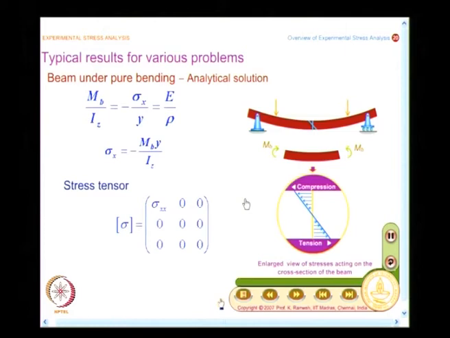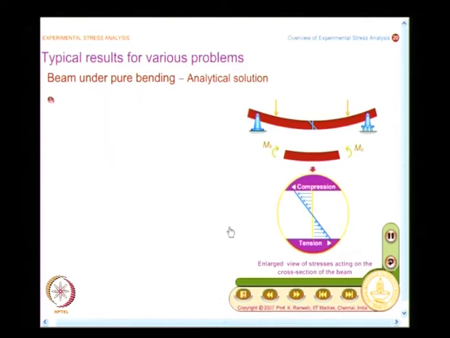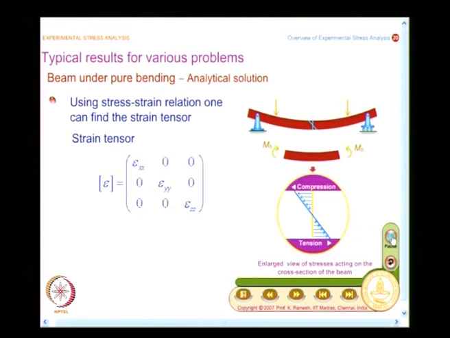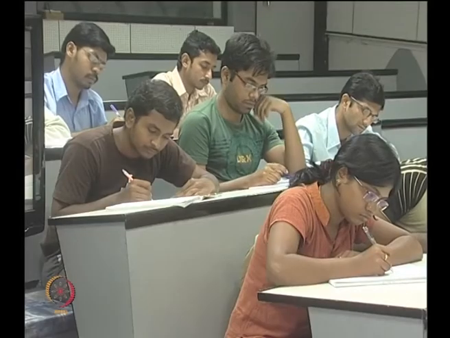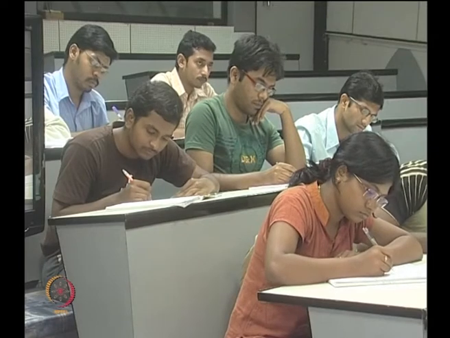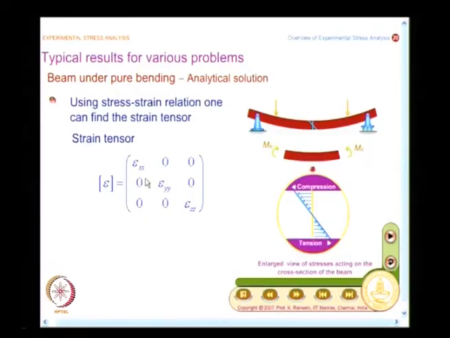In the stress tensor, you have only one component, it is a uniaxial state of stress. The moment I go to the strain tensor, I find something different. The strain tensor is no longer uniaxial, but triaxial. Can you say what is the value of epsilon xx, epsilon yy and epsilon zz? There is no problem with epsilon xx. You would be able to write it directly from your understanding of even a simple tension test.